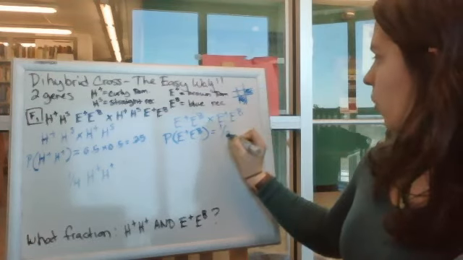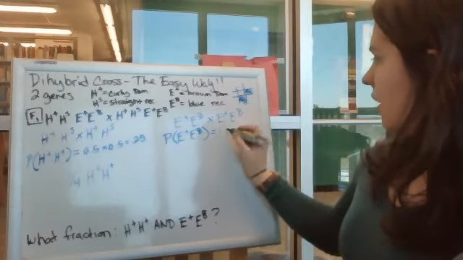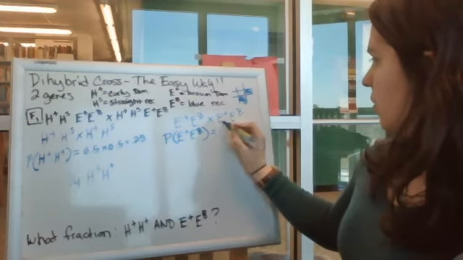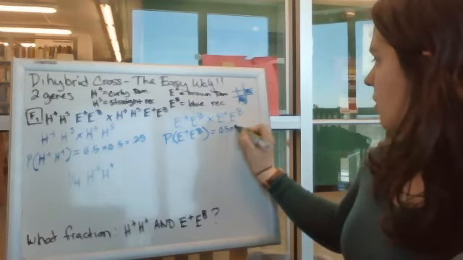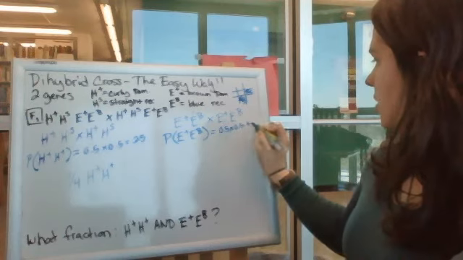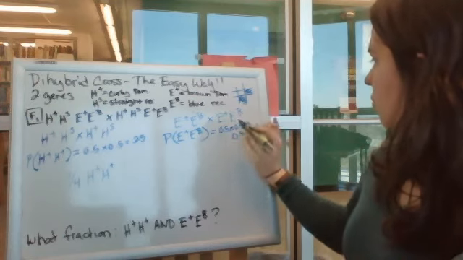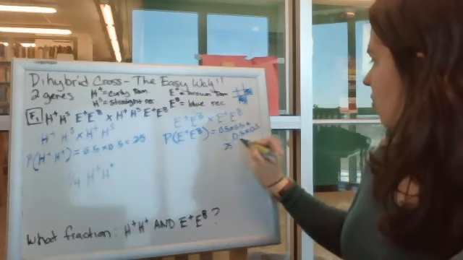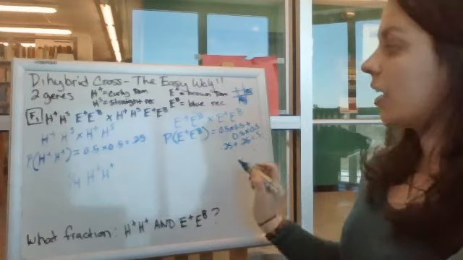So you have a 1/2 probability. The way you would do this out mathematically is 0.5 times 0.5 plus 0.5 times 0.5. So this would be 0.25 plus 0.25, which equals 0.5. That's the longhand way of doing it.